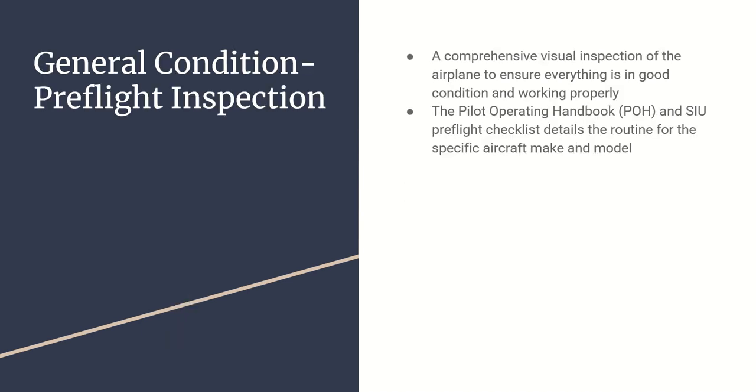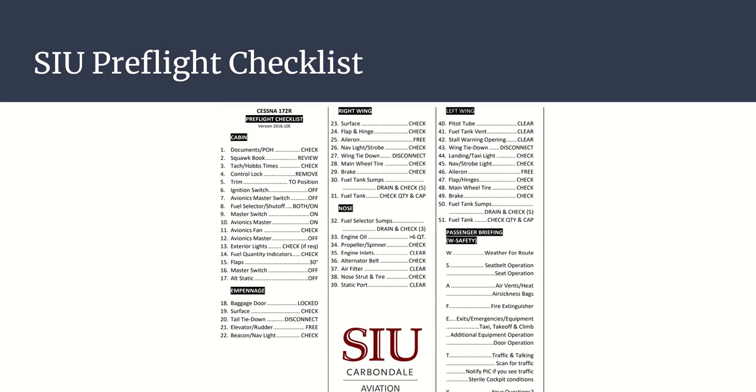Next, again, I don't think I should spend that much time on this, but if you've gone on 3, 4, 5, 6, 7, 8, 9, 10 flights, you should be able to have a general idea of what the airplane should look like and how this pre-flight inspection goes. So you should have a good idea of your responsibility as PIC. Here's an example of a checklist for the R model.